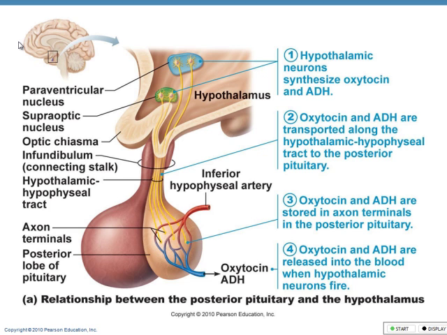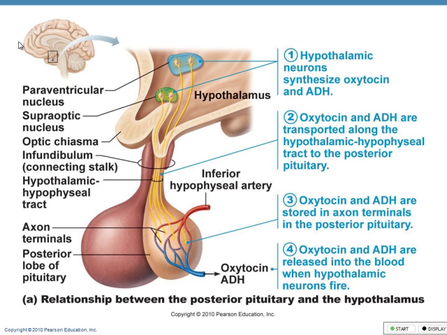What we find there is a bunch of axons, at least in the posterior region, of neurons from the hypothalamus. So when I ask who makes antidiuretic hormone, what are you going to say? Hypothalamus, not the posterior pituitary gland. If I ask where is antidiuretic hormone secreted from, you're going to say posterior pituitary. See the difference?